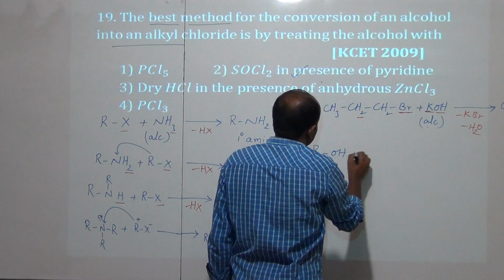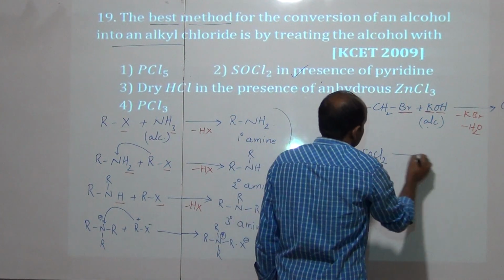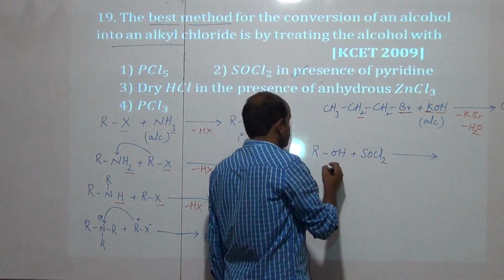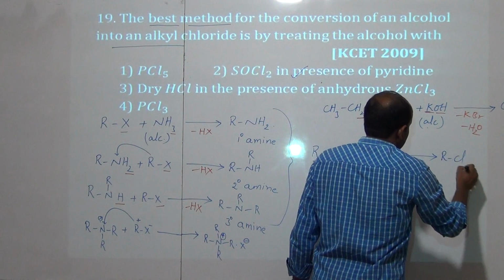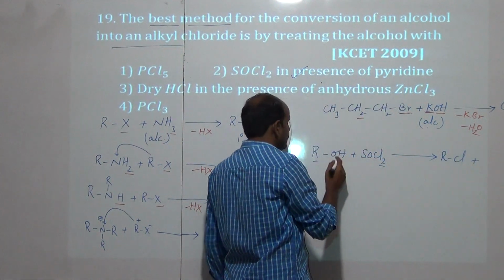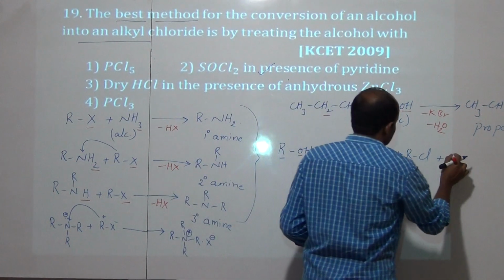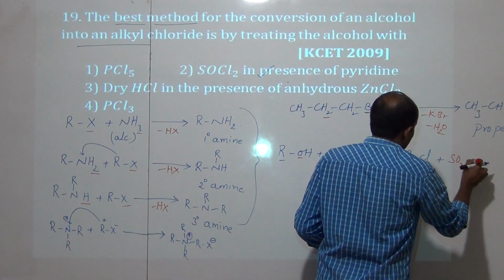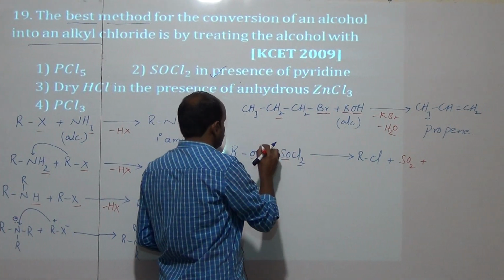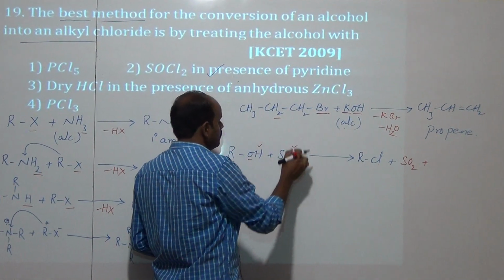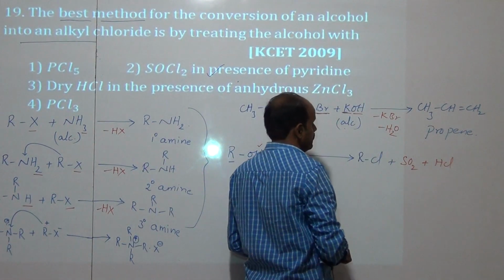If you take an alcohol and react it with thionyl chloride, SOCl2, then here one Cl and one R combine together to form an alkyl chloride, and this oxygen, with the sulfur, forms SO2, and this hydrogen and one more chlorine are removed as HCl.